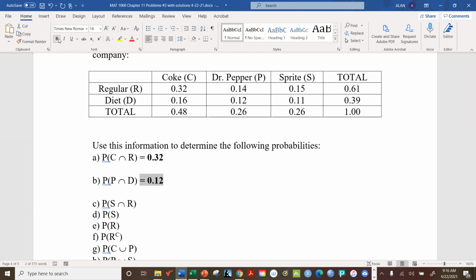So SNR is regular Sprite, which means right here, 0.15. Now, S is just Sprite, so we're looking at the total of all the Sprites right here, 0.26.